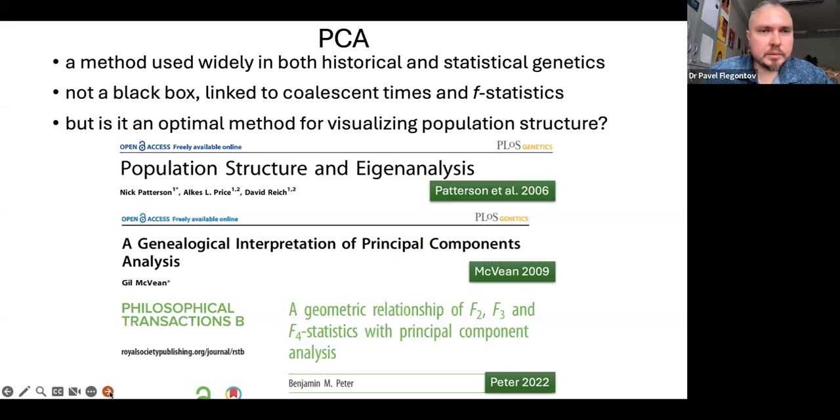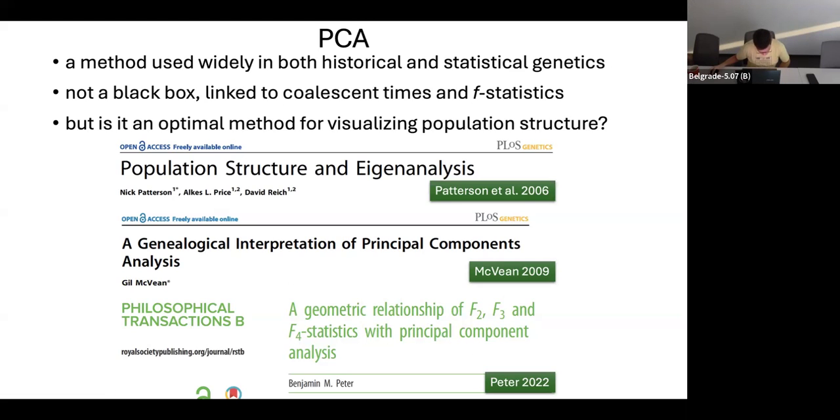Unlike machine learning, it's not a black box. And there are papers like these two, which link PCA to coalescent time and F statistics. For example, in this paper, it was shown that there exist relationships between F statistics and PC spaces and the arrangement of individuals in PC spaces.